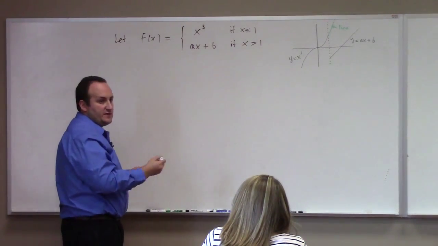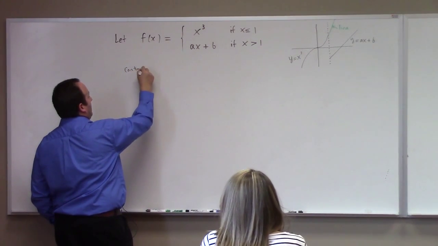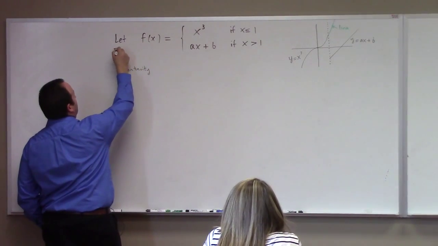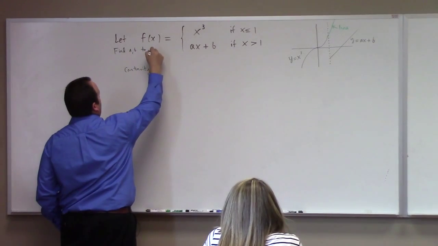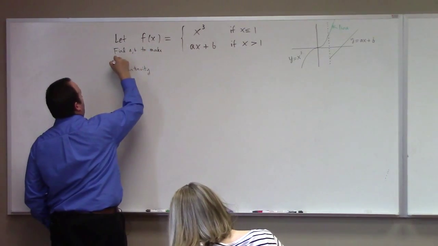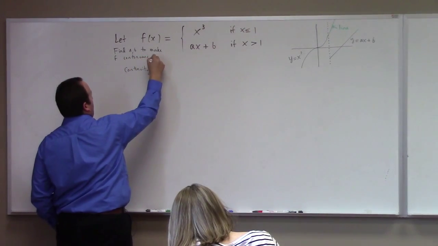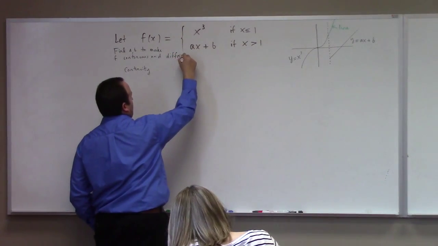First of all, let's deal with the issue of continuity. We're trying to find a and b to make f continuous and differentiable. What is it to say a function is differentiable?